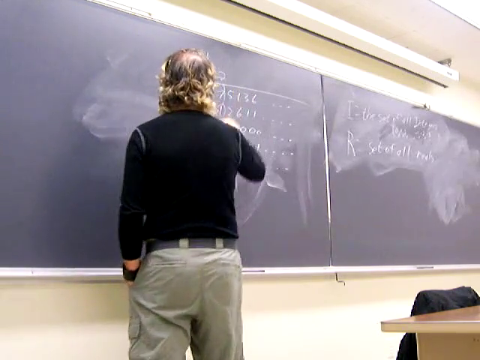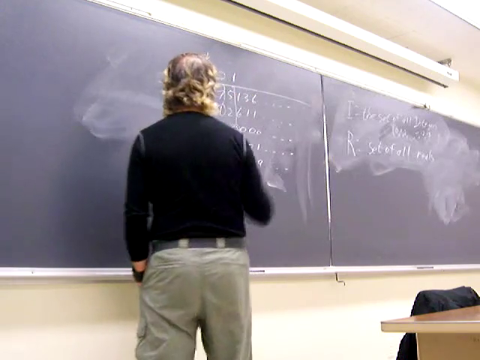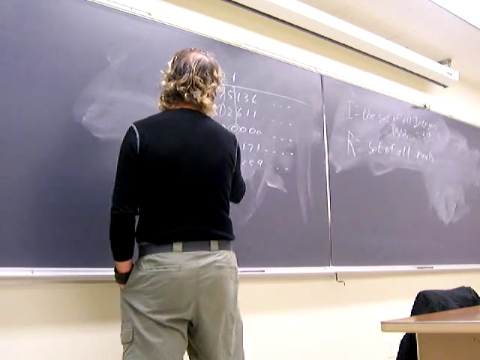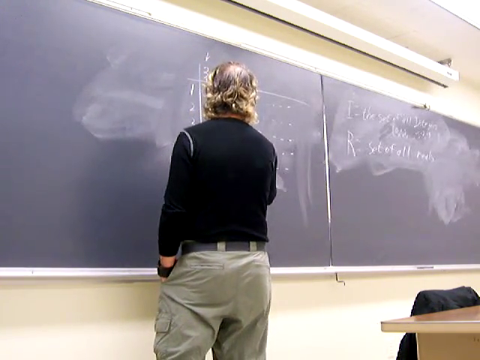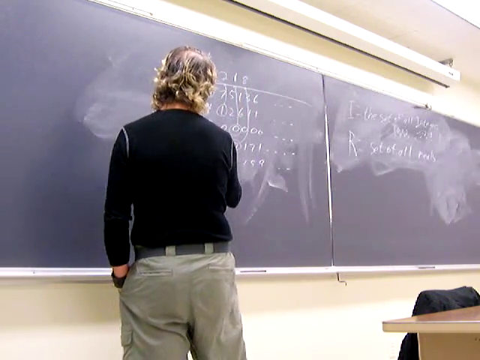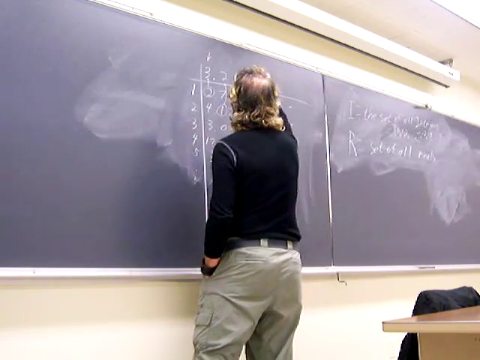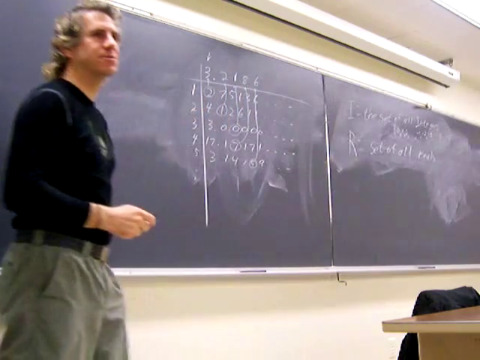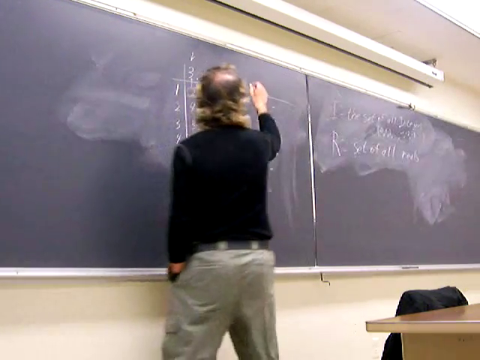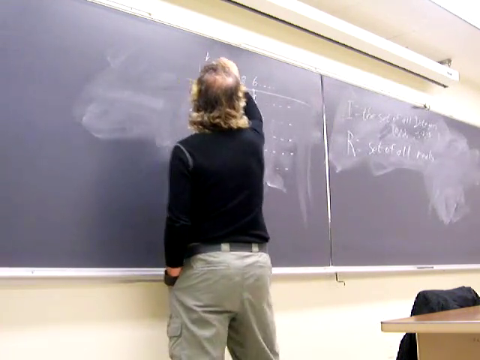And for the third digit, I'm going to go to the third number, pick its third digit, add 1 to that. The fourth number, I'll do 1717, make that an 8. And the fifth number, I'll go 1, 2, 3, 4, 5. That's a 5, and I'll turn that into a 6. And if I had a 9, I would just turn it into a 0. And I'm going to keep doing this. And I'm going to get some new number, x.